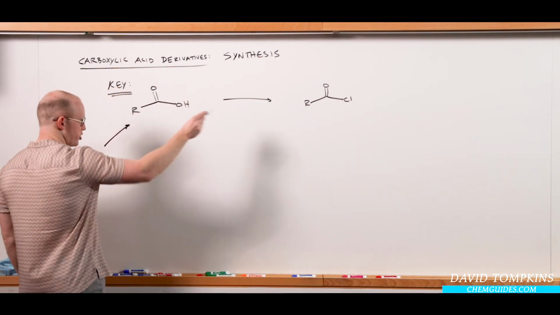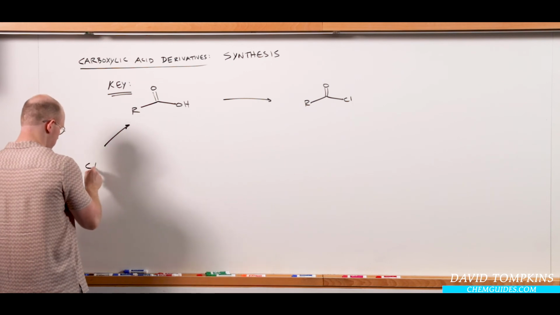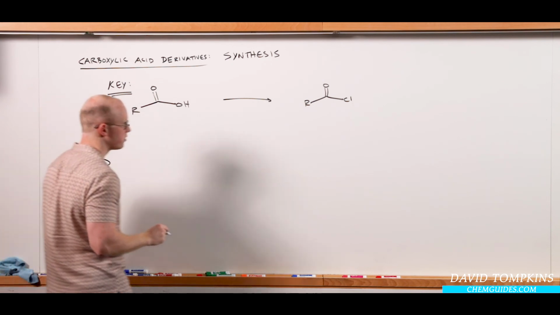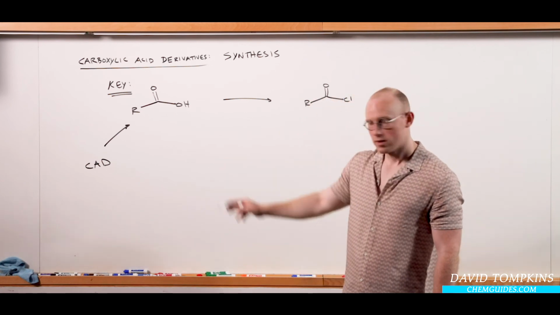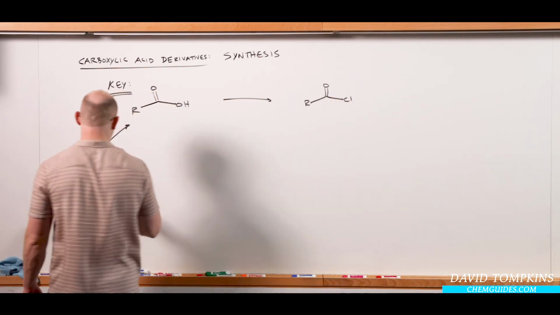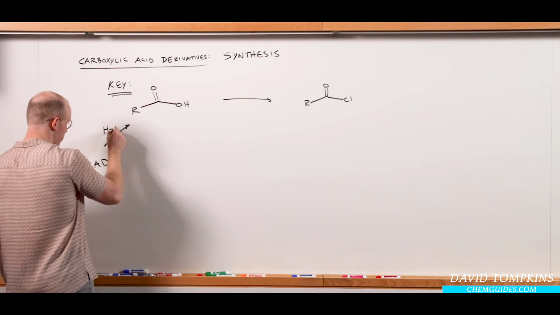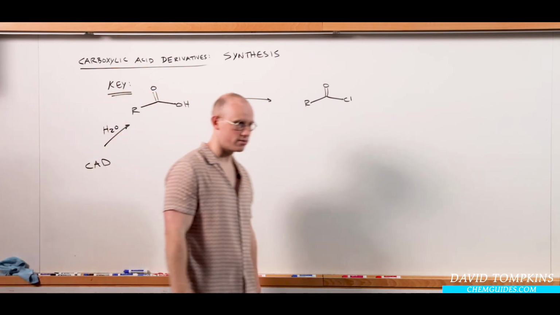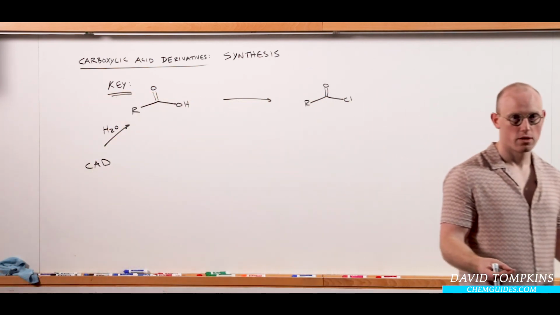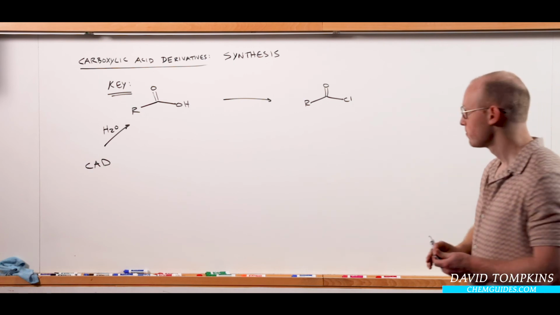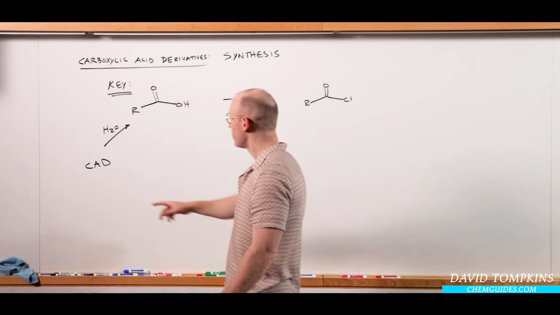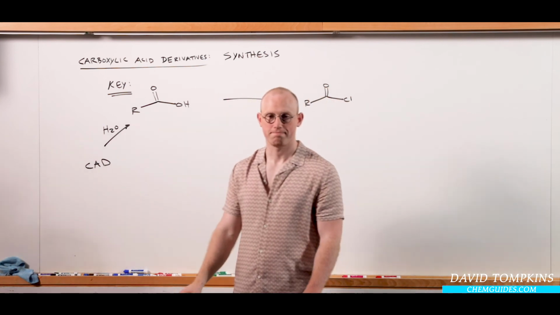We'll talk about how we achieve that in a second, but the relevance to this is that you can take any carboxylic acid derivative, and as long as you add water, maybe with base or with acid, perhaps an equivalent of those, or perhaps very high temperature, any carboxylic acid derivative can be taken to a carboxylic acid.